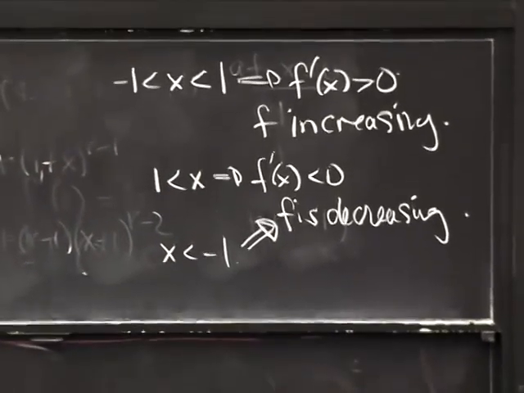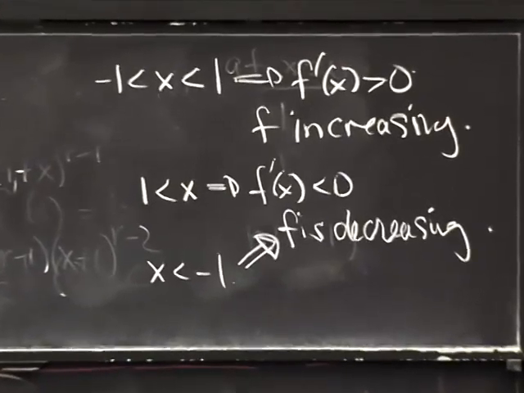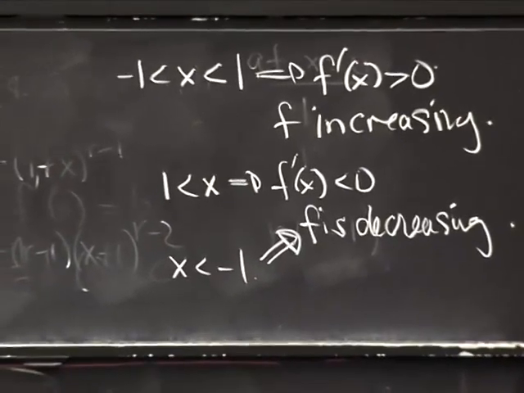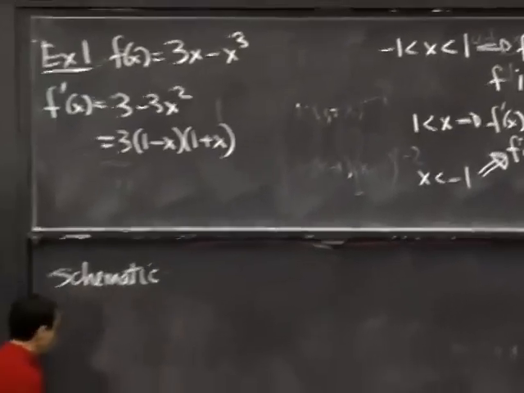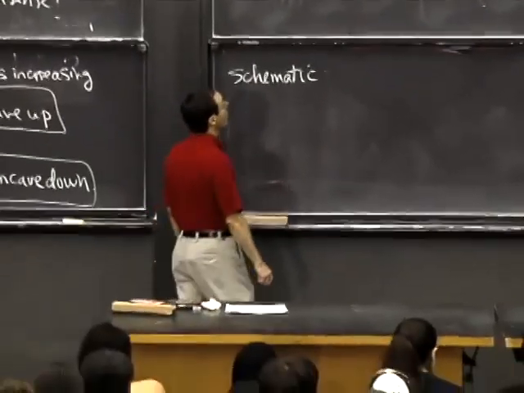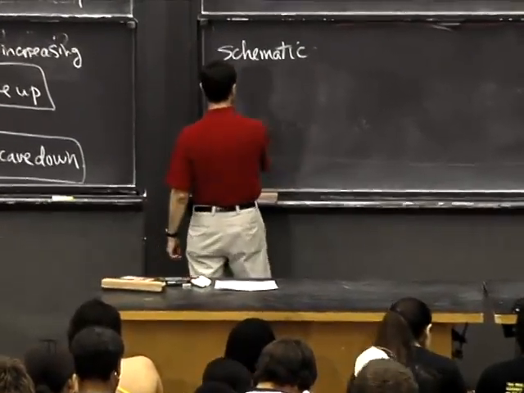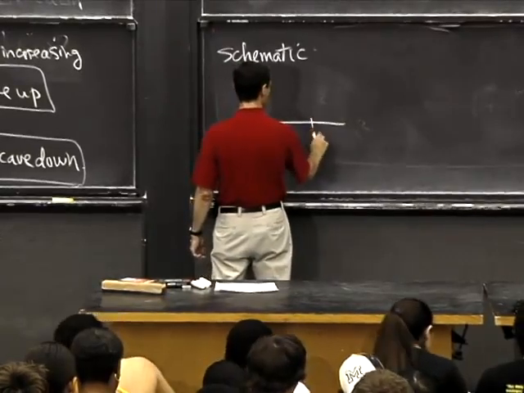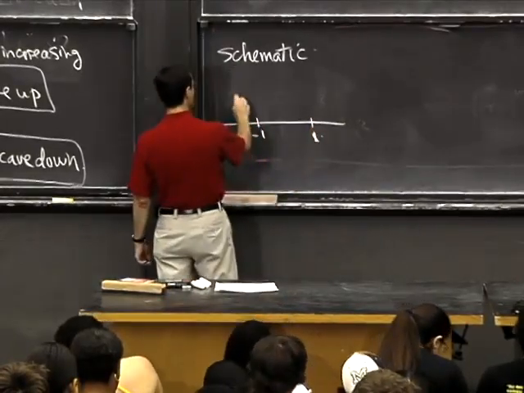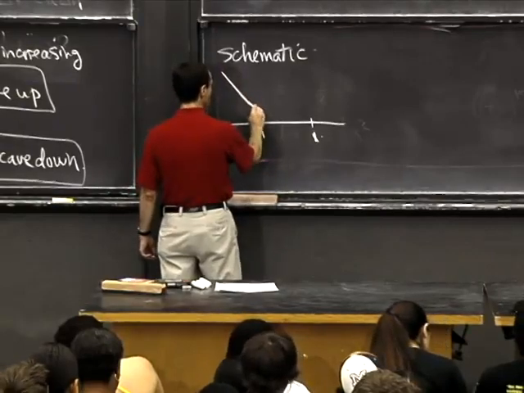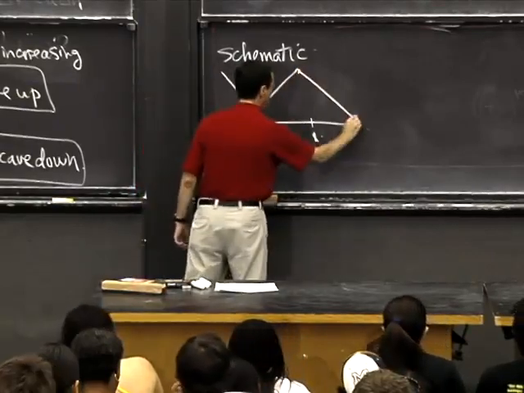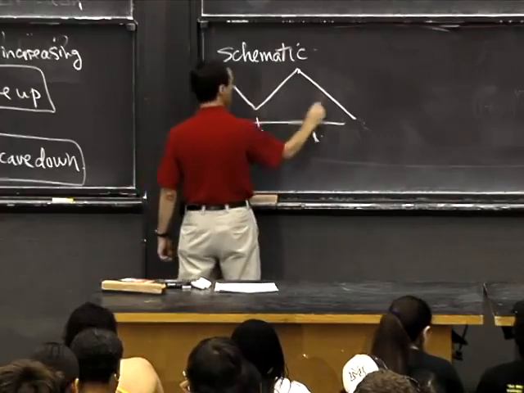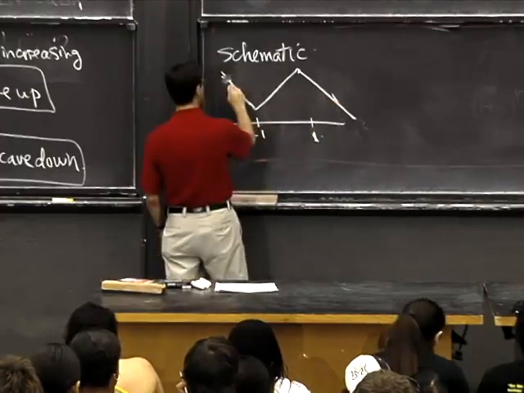So now, here's the schematic picture of this function. Here's -1, here's 1. It's going to go down, up, down. All right? That's what it's doing. Maybe I'll just leave it alone like this.